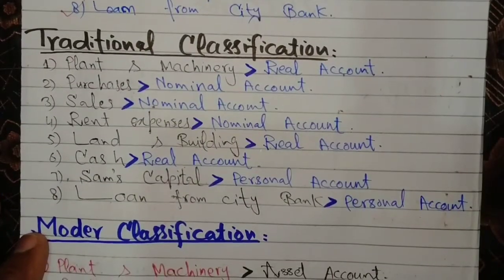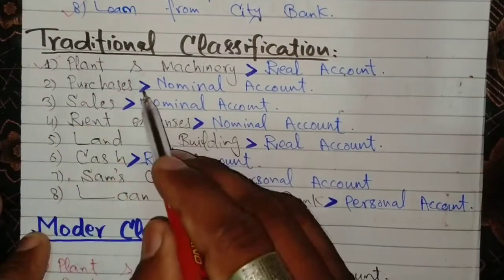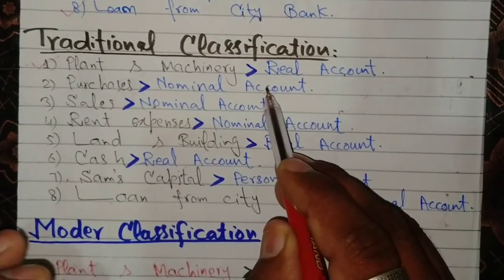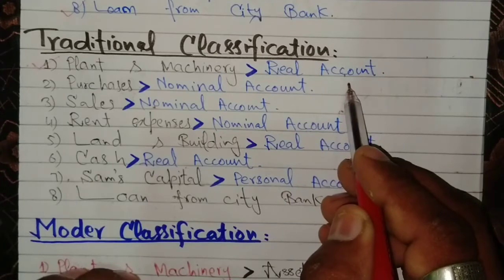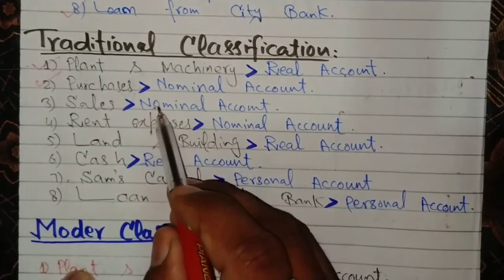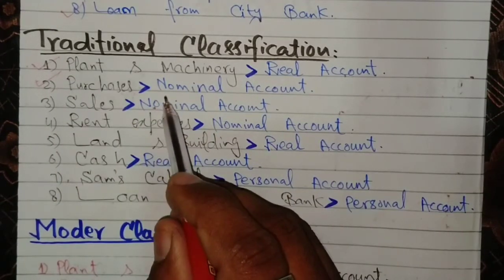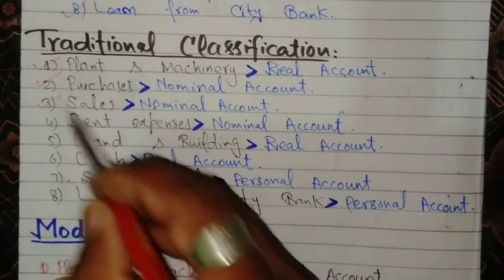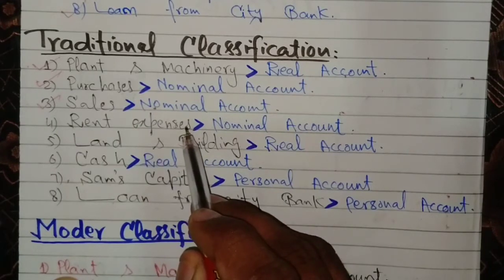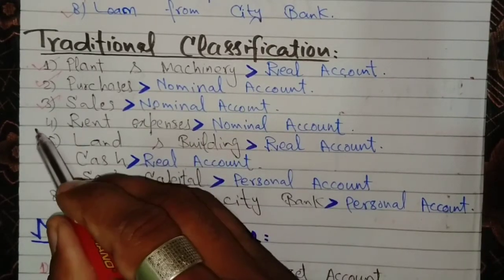Traditional classification: plant and machinery will be considered a real account. Purchases will be considered a nominal account in the traditional approach. Sales will be considered a nominal account.